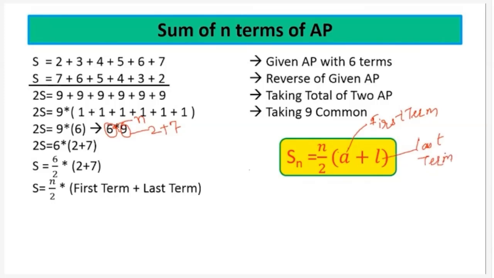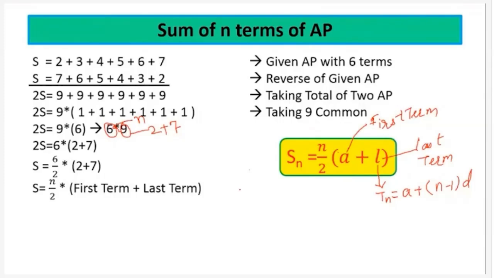From this, you can derive one more formula. Dear student, in the last lecture, we saw the last term. How do you get the last term? Tn, the nth term, is equal to a plus in bracket n minus 1 into d. Agreed? Can I write this? Last term is equal to a plus (n minus 1)d. समझा क्या?